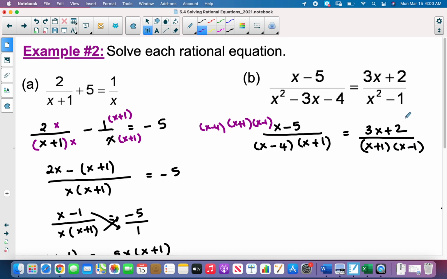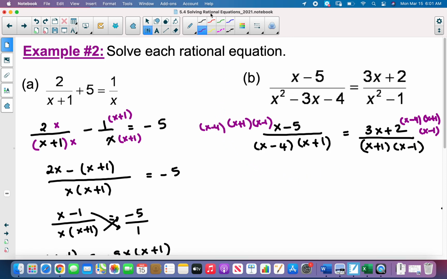So we need to do the same thing on this side. So you're going to multiply 3x plus 2 with x minus 4, x plus 1, and x minus 1.